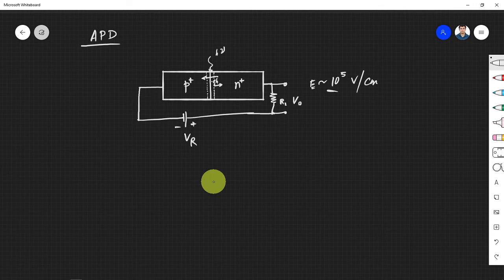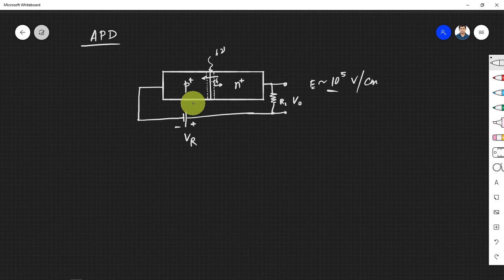If the kinetic energy is sufficient, it can knock out another electron from the atoms present in this N region. In the N region we have other semiconductor atoms, right? So if the energy of this photogenerated electron is very high, it can knock out another electron from this atom itself.